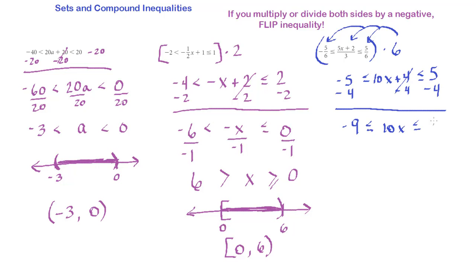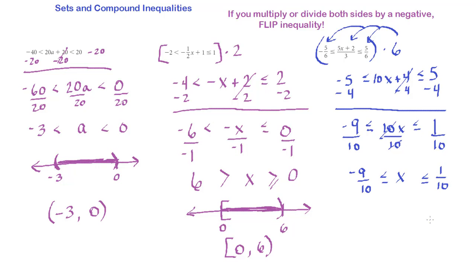And then your 1. And dividing everything through here by 10. Divide by 10. And when I do that, I then have negative 9 tenths less than or equal to x, less than or equal to 1 tenth.